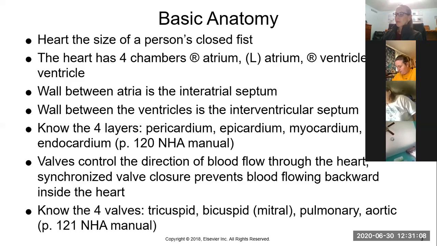The pulmonary valve lies between the right ventricle and the pulmonary artery. And then the aortic valve lies between the left ventricle and the aorta. Okay? All right, so those are the valves.